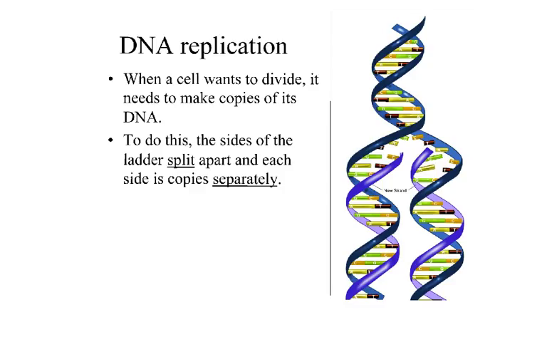So what has to happen during cell division is that the cell needs to make copies of its DNA to pass on to the new cells, the cells that it's going to be making. And so DNA is pretty unique in the way that it's copied, which I find to be really interesting.